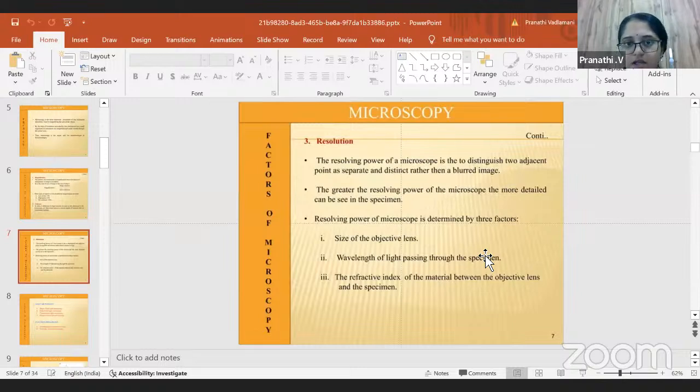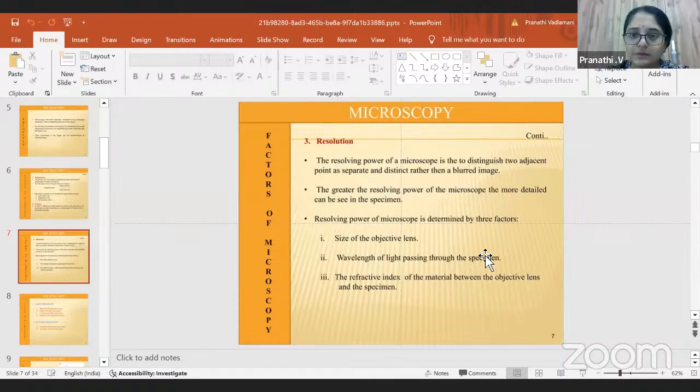So that is the resolving power present in the microscope. If you're going to see two organelles, say for example your mitochondria and Golgi complex, you should be able to distinguish between both of them. That is the resolution power in the microscope.